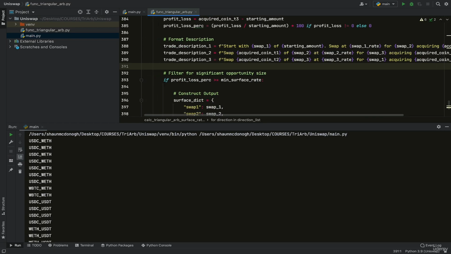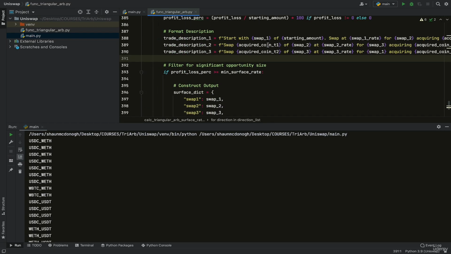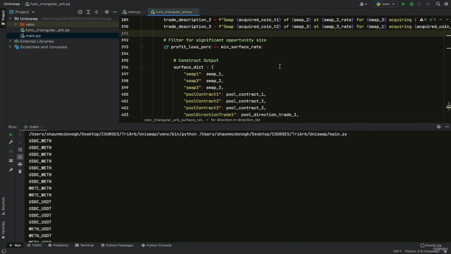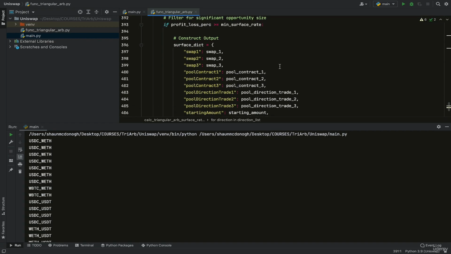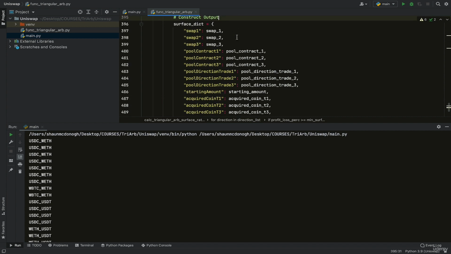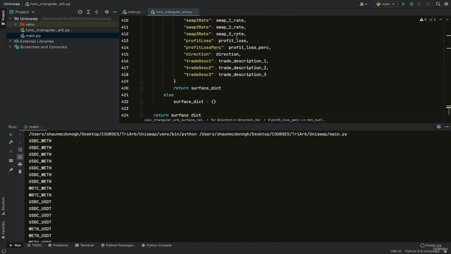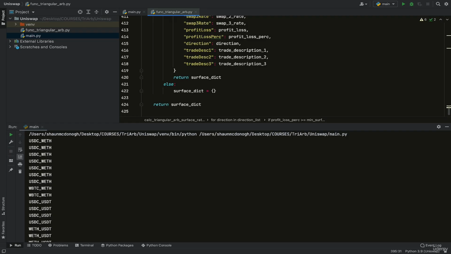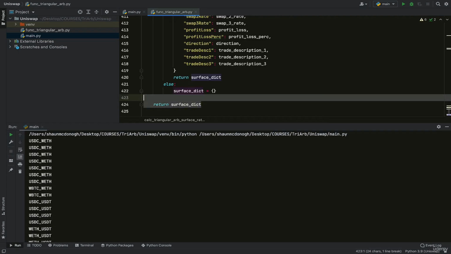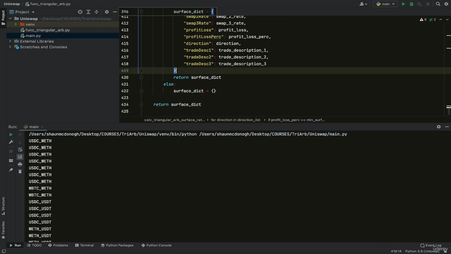This is pretty much exactly as we did it before, so it won't be new to you. And then down here, if we're in more profit than the minimum surface rate, then return this information. Return the surface dictionary, and then return the dictionary no matter what at the end anyway.